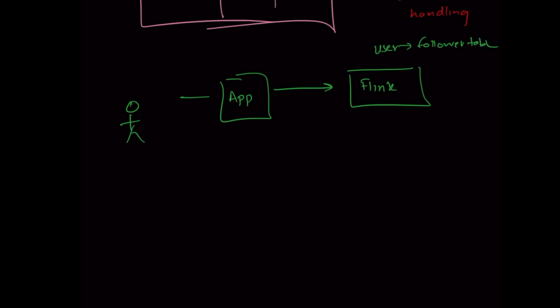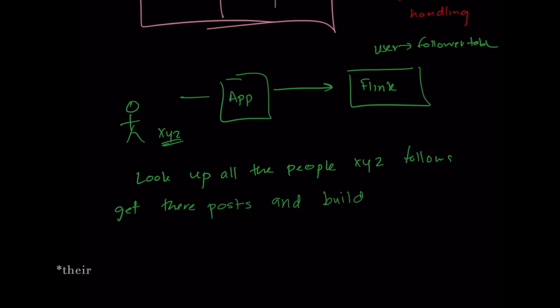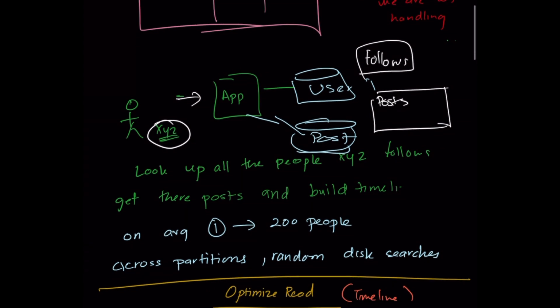It can say look up all the people XYZ follows, get their posts, and build the timeline. So far what we have discussed is a naive way of building the timeline, right?